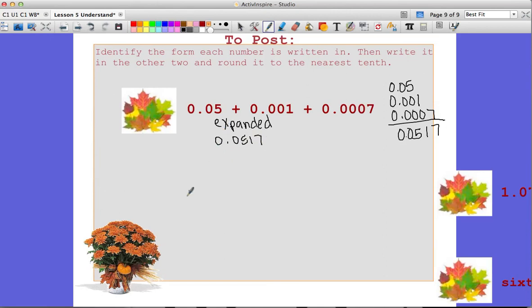In word form, this is 517. Okay, so we say it just like we normally would, and then we put the place value on it. So 517, and this ends in the tenths, hundredths, thousandths, 10,000ths place. So 517 10,000ths.